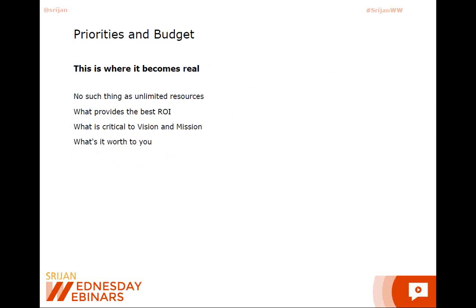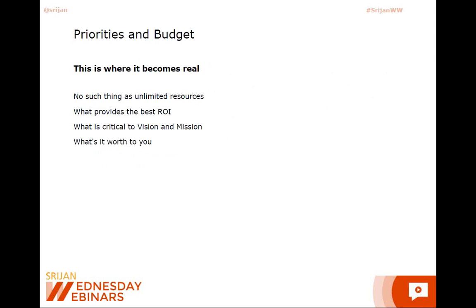You need to think about, out of all these things that you've been writing down and thinking about, which of those things is going to give you your best return on investment? Which are those things that you want to do right now? What are those things that are going to be critical to supporting your vision and your mission? And then finally, you need to keep in mind, how much is it really worth to you?